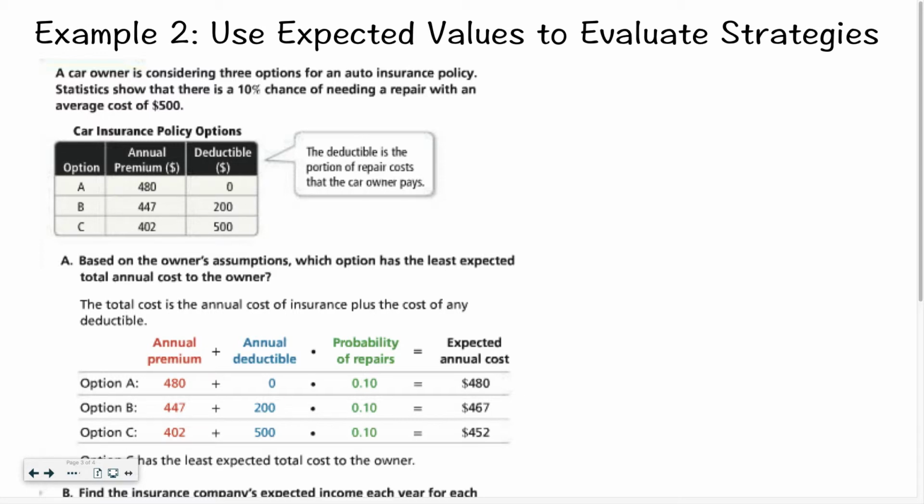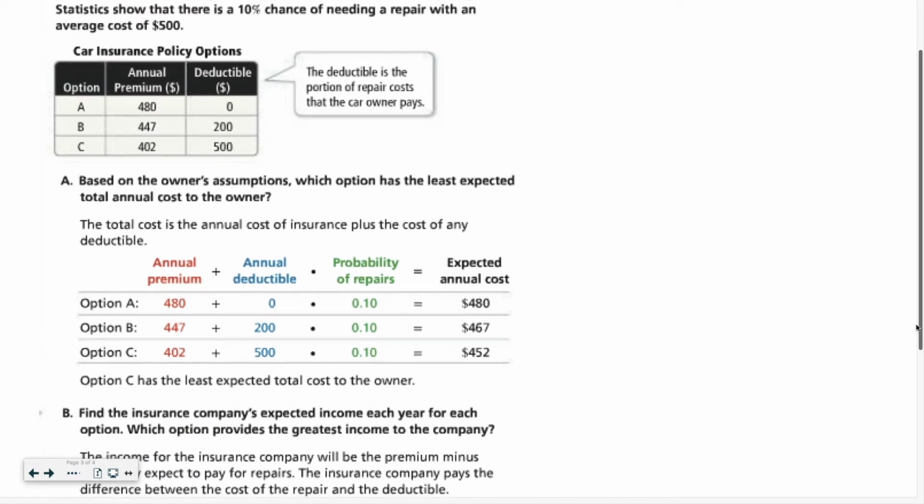Okay, so what the person would do is they would take their annual premium and add it to their annual deductible times the probability of needing a repair, which the problem said is a 10% chance.